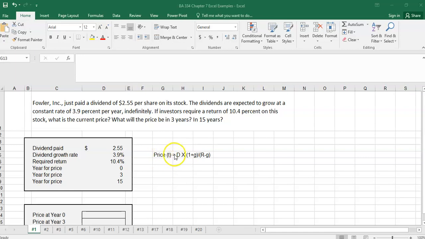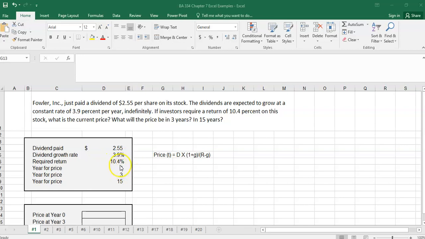So we have the price of a stock equals the amount of the next dividend times 1 plus the growth rate divided by the required rate of return minus growth rate. So we have information here about a stock that's just paid a dividend of $2.59. We have the growth rate and the required rate of return.